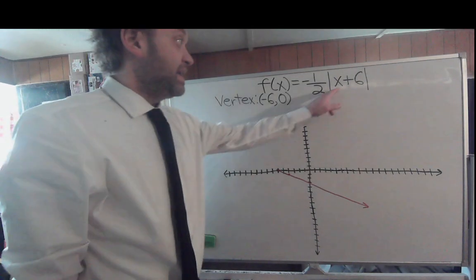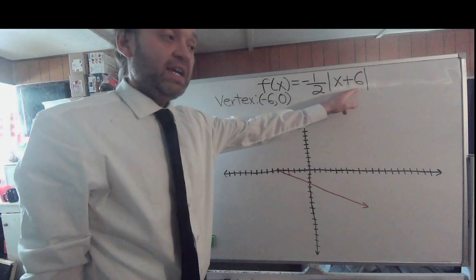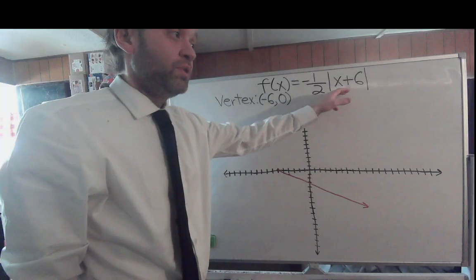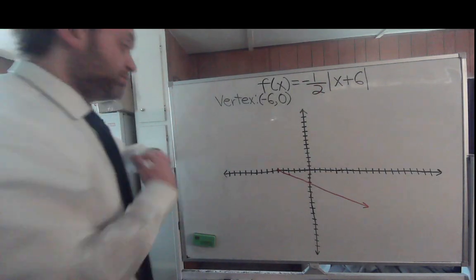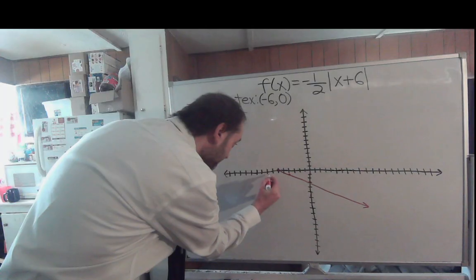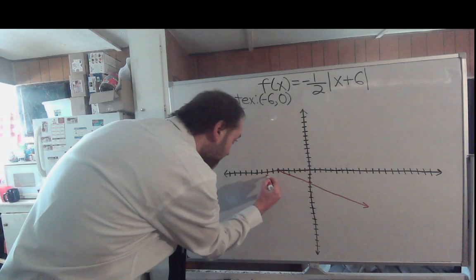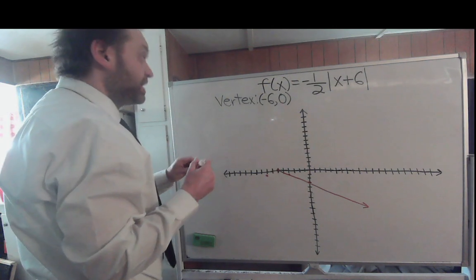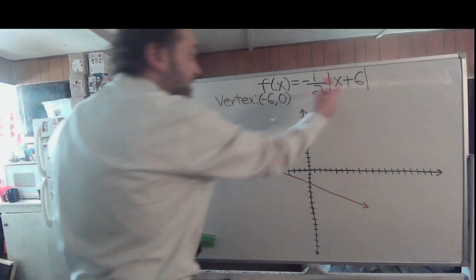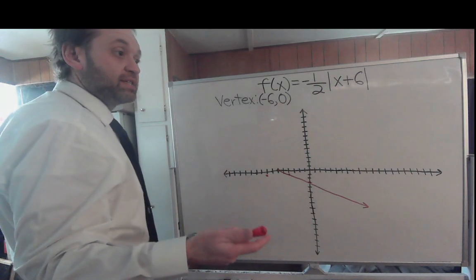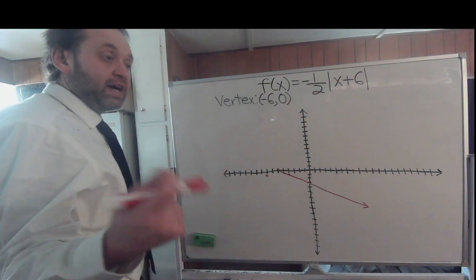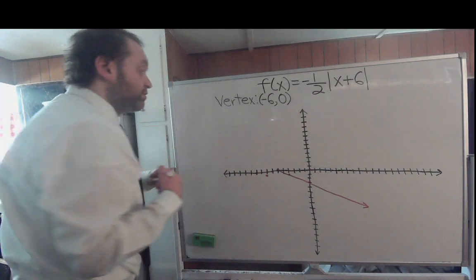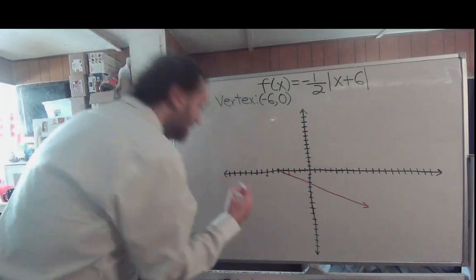Negative 8 plus 6 is negative 2, the absolute value of negative 2 is positive 2, times negative 1/2 will give you negative 1. What if I put in negative 12? Negative 12 plus 6 is negative 6. The absolute value of negative 6 is positive 6, times negative 1/2 will give me negative 3.